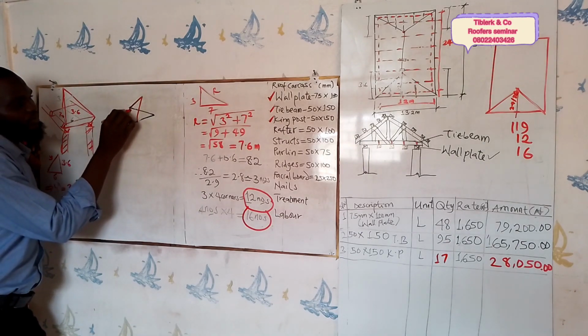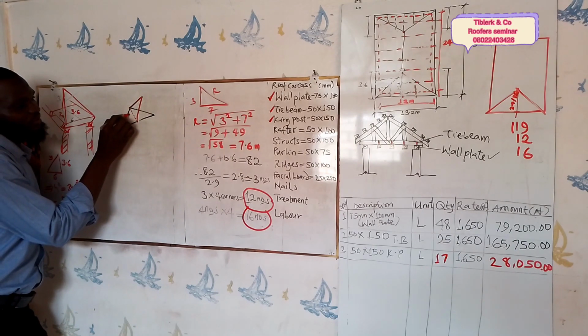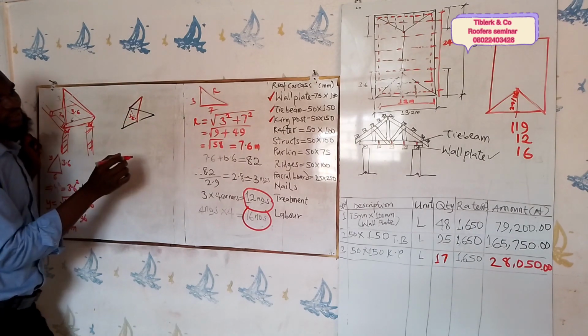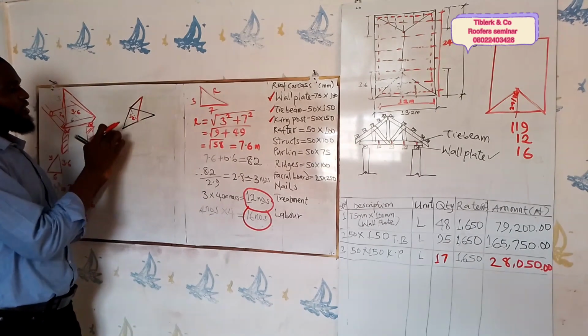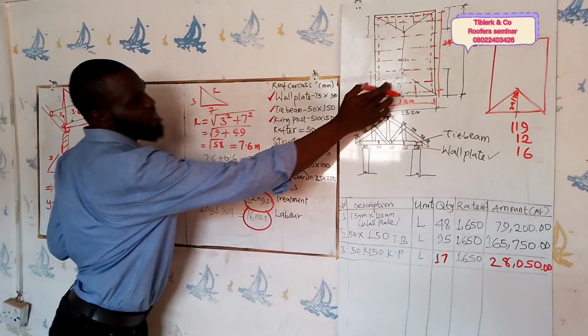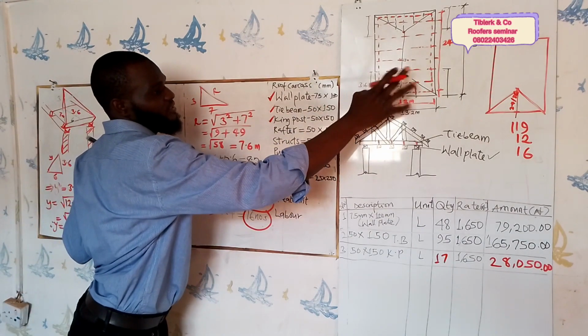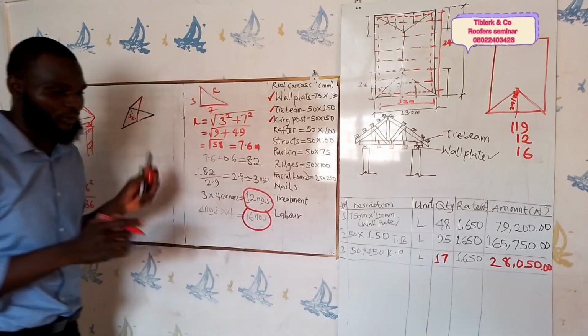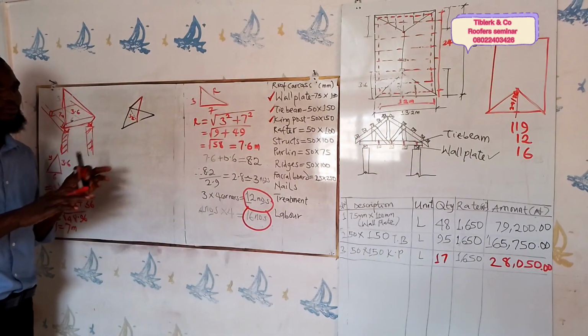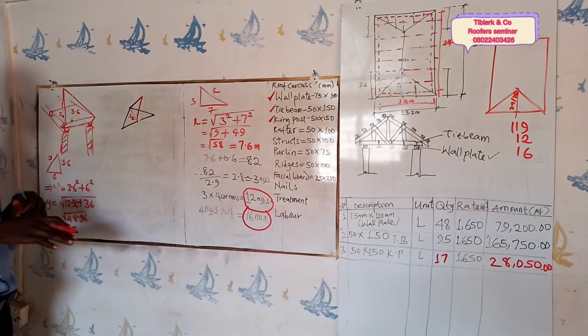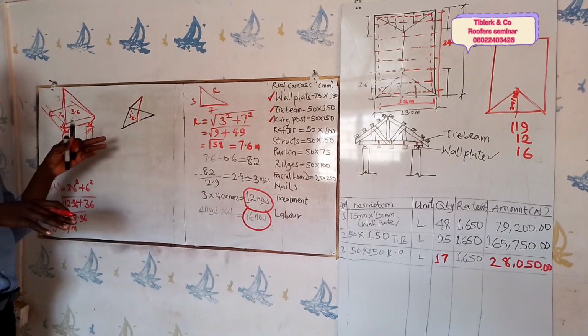So we know this space as well, 3.6. The triangle in black is the plain one, the plain surface of the plan of the roof.